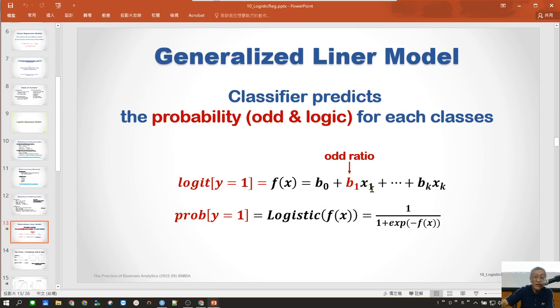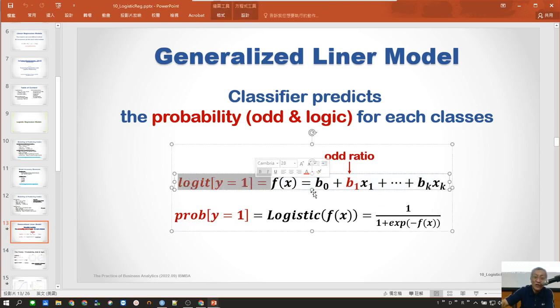Because if x1 is increased by 1, the logit of y equal to 1 would increase by b1, right? Isn't it? Okay. But logit is a very, very difficult concept to businessmen, right?